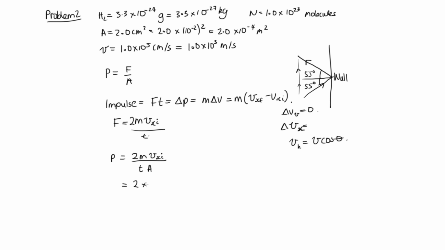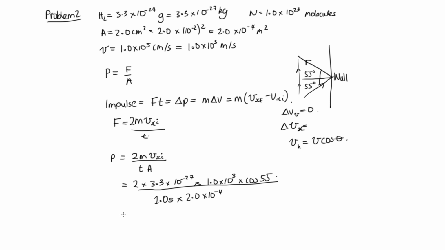So we've got 2 times 3.3 times 10 to the minus 27 times the velocity, which is 1 times 10 to the 3, and then it's the x component, so it's times cos 55, divided by the time, this is in 1 second, and the area, which is equal to 2 times 10 to the minus 4 meters squared.